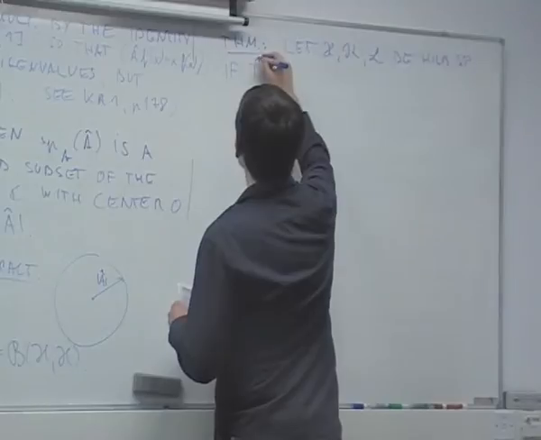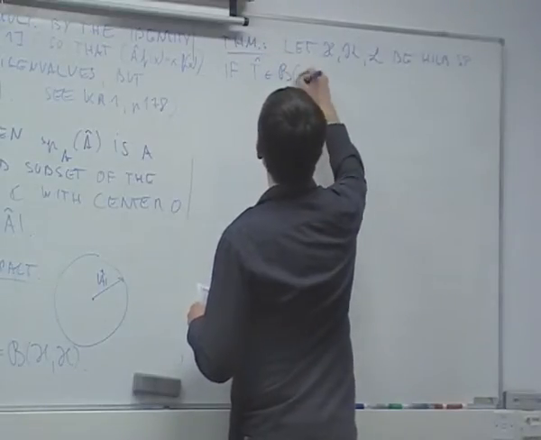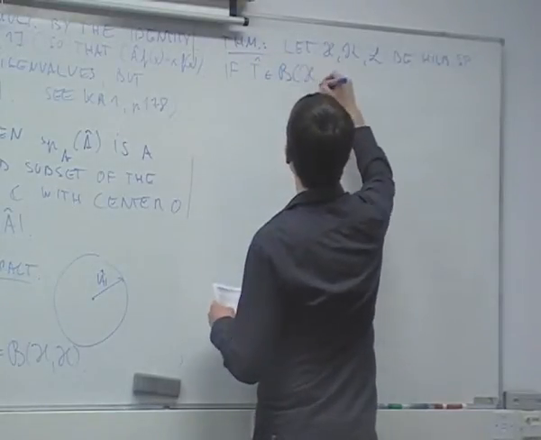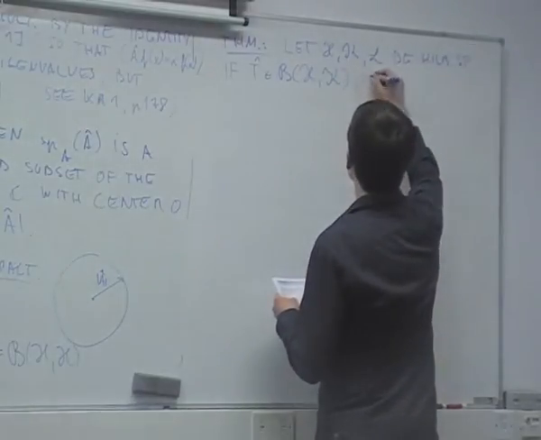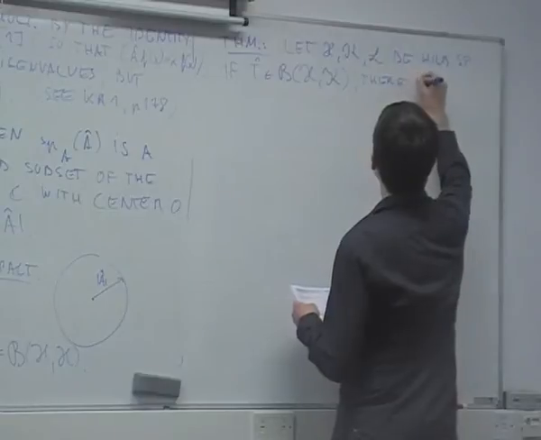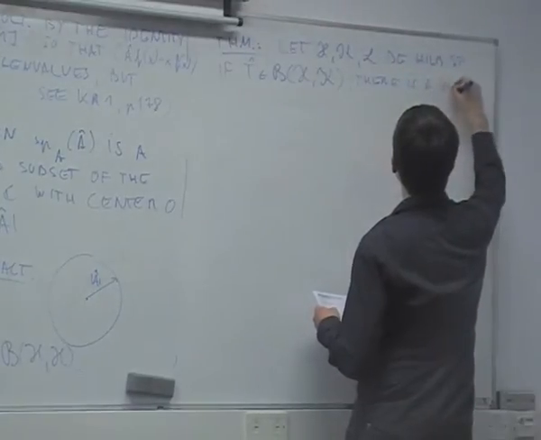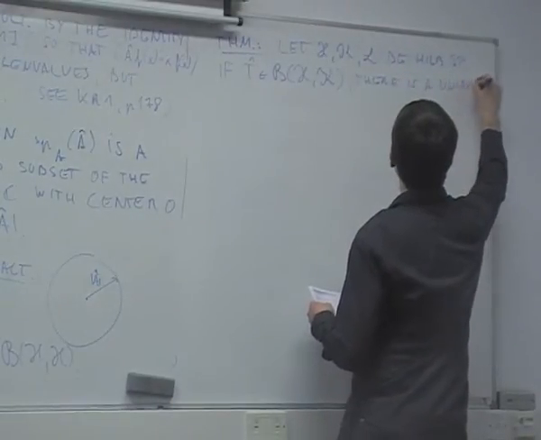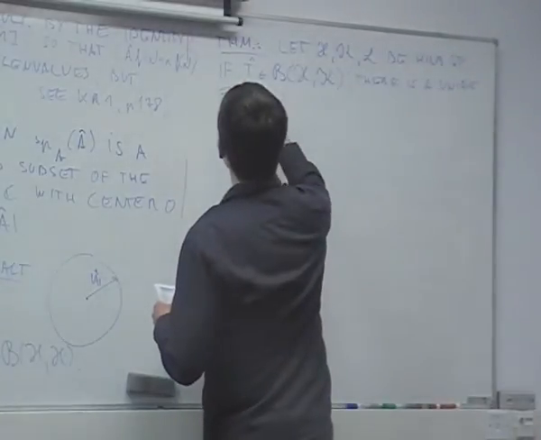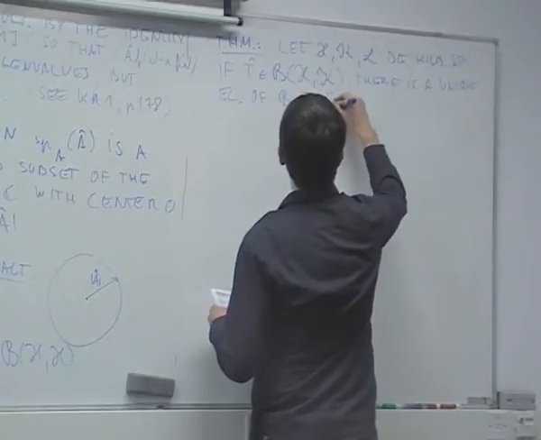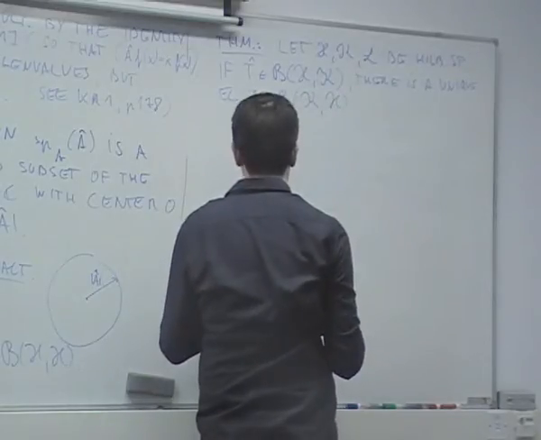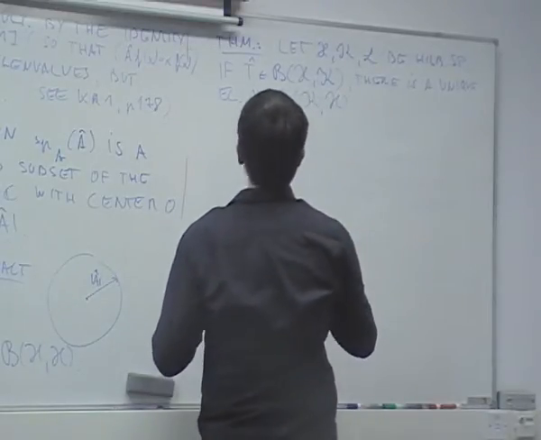If T is a bounded linear operator from H to K, then there is a unique element of bounded operators from K to H, so of course going in the opposite direction, and I should give this a name.